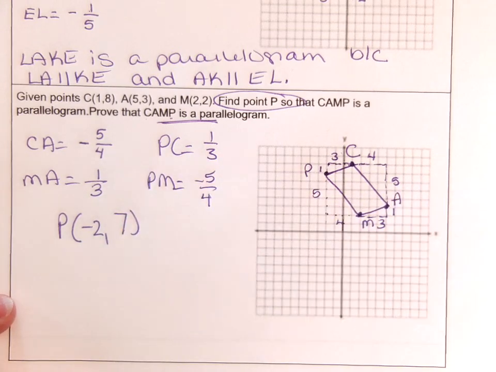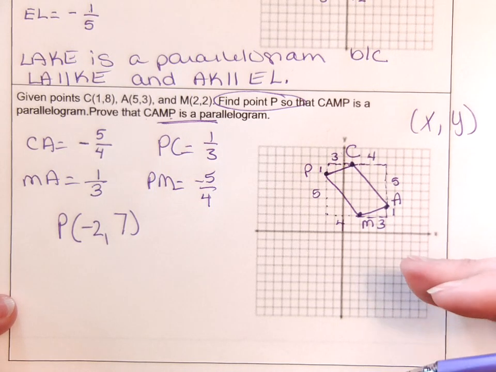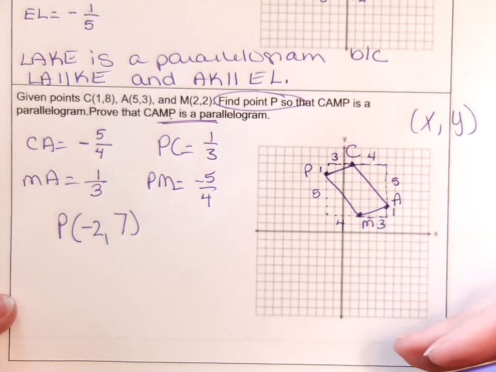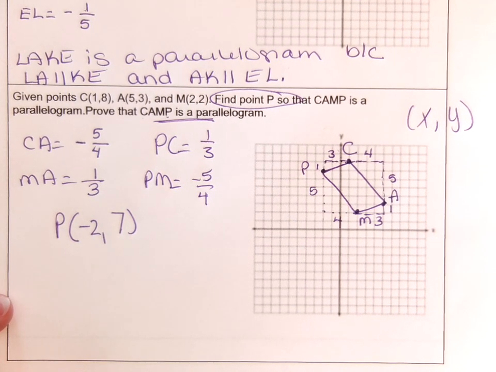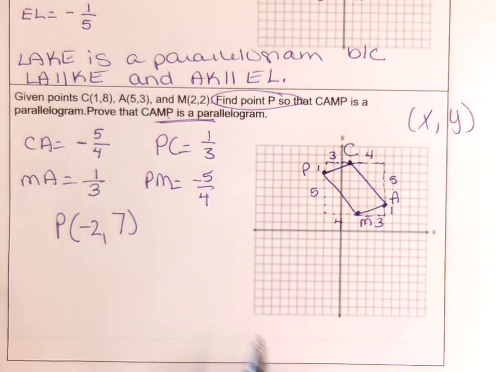Remember, when reading a point, it's always x comma y. It always gets confusing when you're dealing with slopes and then writing points, because slope is y over x, and then when you write a coordinate, it's x comma y. So just be careful how you're writing it. So then we got to write our concluding sentence saying that CAMP is a parallelogram.